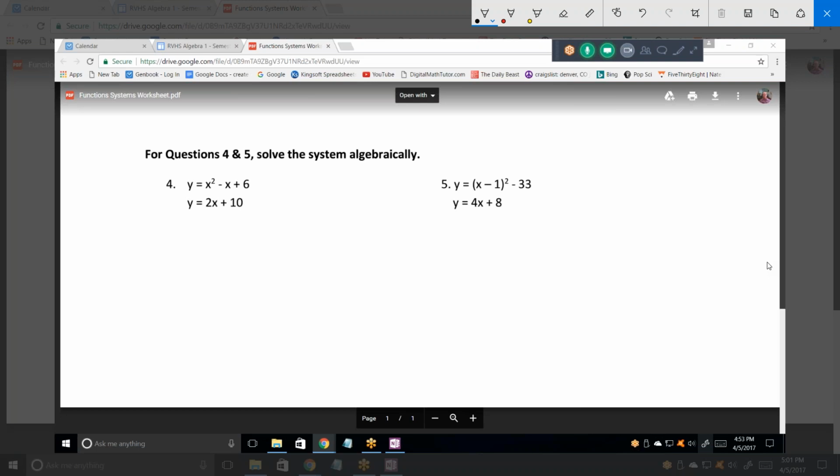Again, these y's are the same. So what's the next thing I can write? In other words, we can still follow the theory of elimination, right? Yeah. In other words, the goal with elimination is to eliminate a variable.